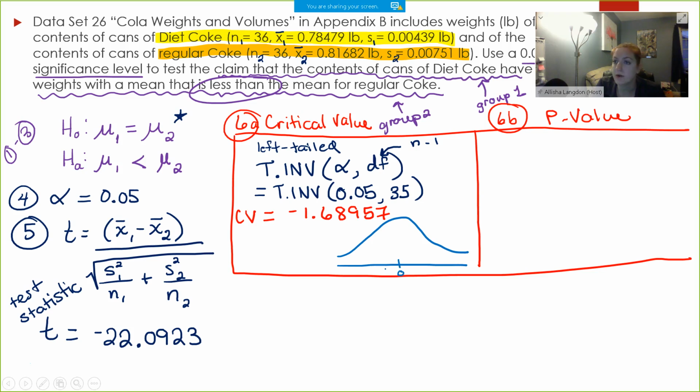Remember, the mean is 0. Negative 1.68957 would be over here. This would be your critical value, so anything to the left or lower than that number is going to be in your rejection region.